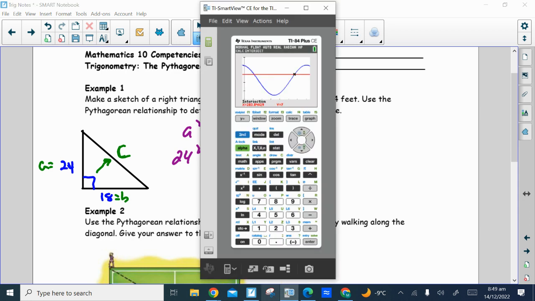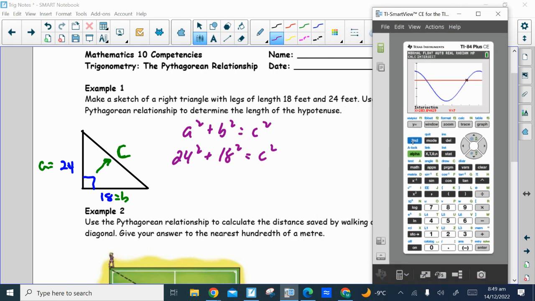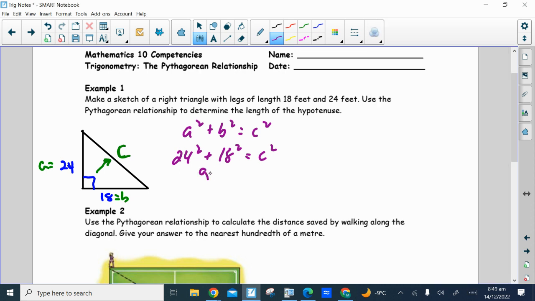But you can do those on your calculator in one step. We can go 24 squared plus 18 squared. Most calculators now do order of operations, where they square the numbers first, then add them together, and that'll give you 900. That's what c squared is.